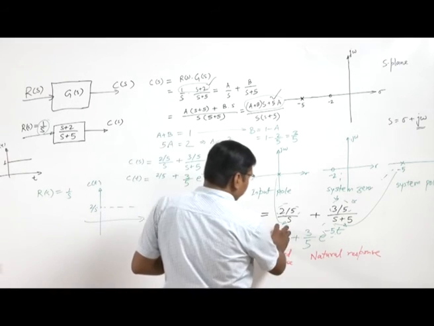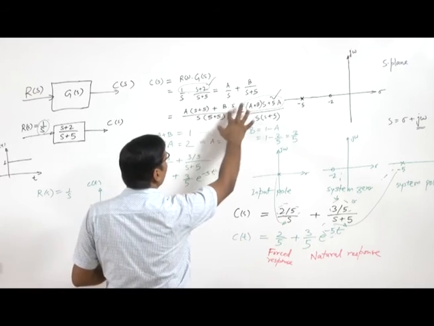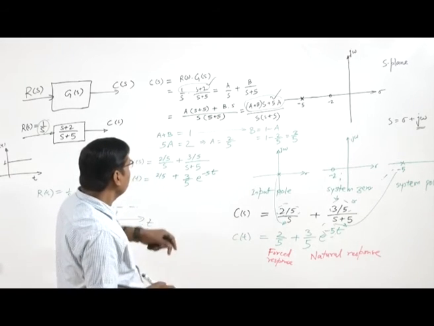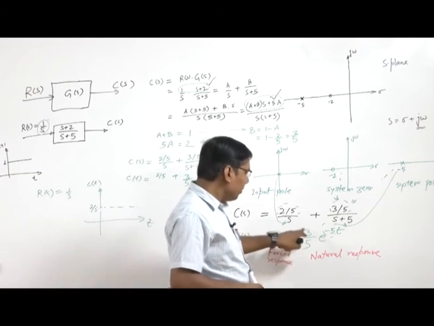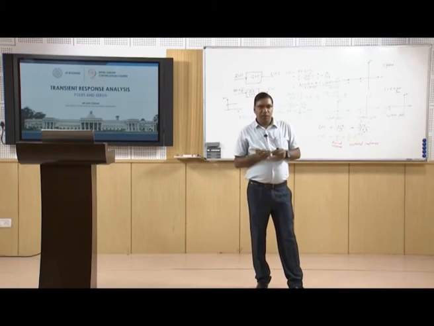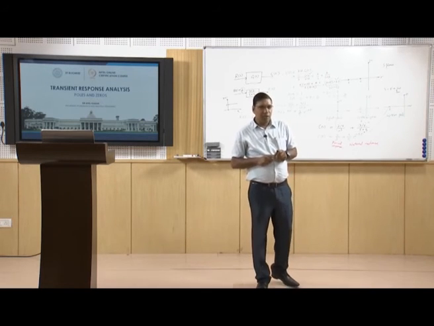We see that these amplitudes come from this calculation, which involves both the zero and the pole. So the zero and pole generate the amplitude of both the forced and natural response.